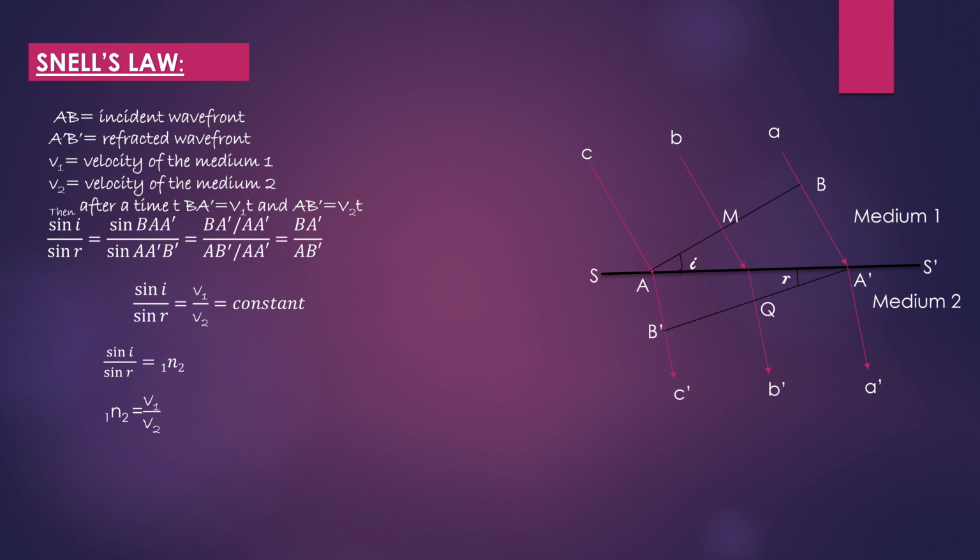What is 1n2? It is termed as the refractive index of medium 2 with respect to the first medium, which is constant. The refractive index of the second medium with respect to the first medium is equal to V1 by V2. We have found this from these equations, and that is the proof of Snell's law. Now we'll go to the next slide.